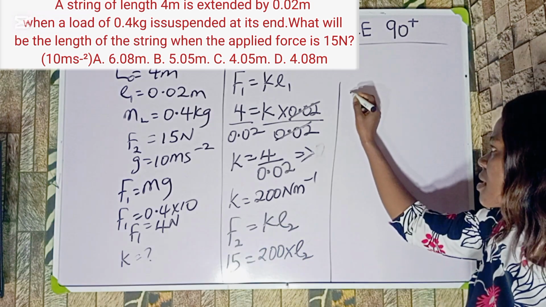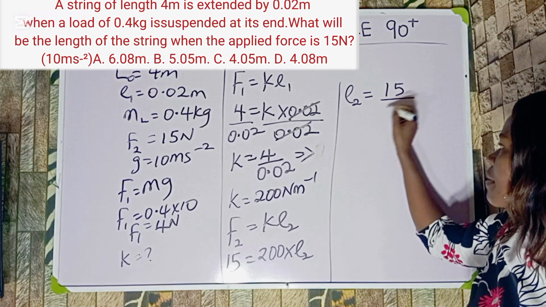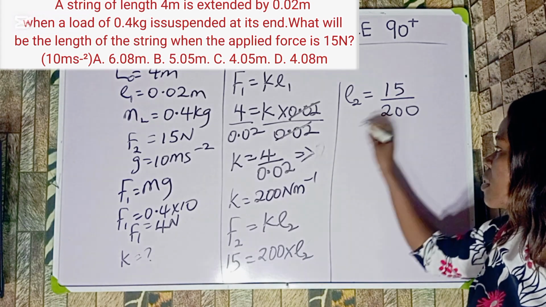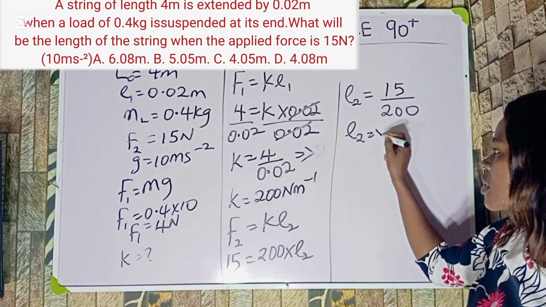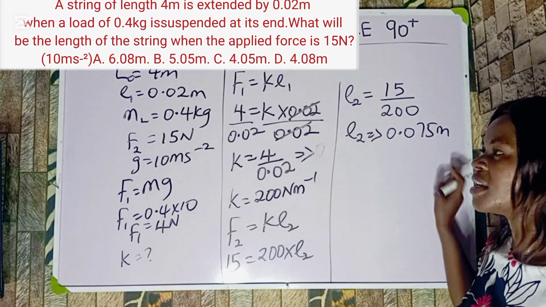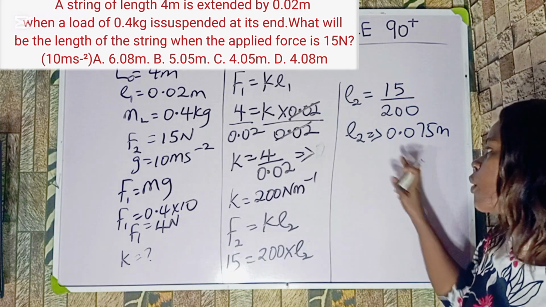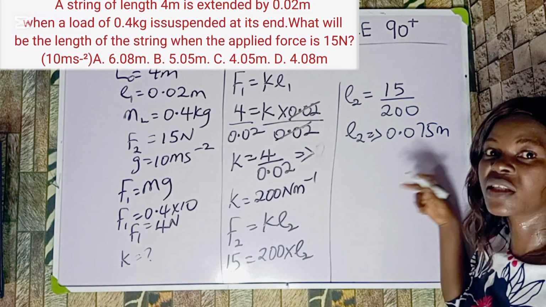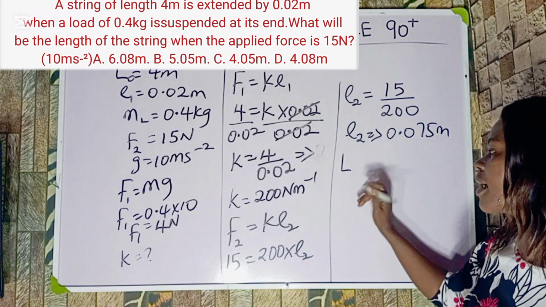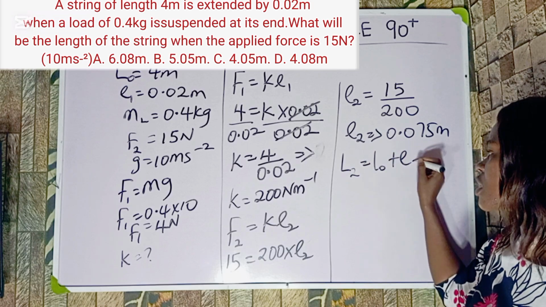We have that E2 is equal to 15 divided by 200, so it is going to give us 0.075 meters.